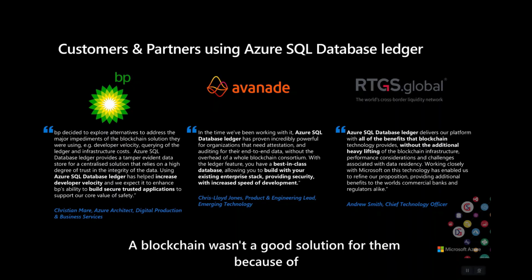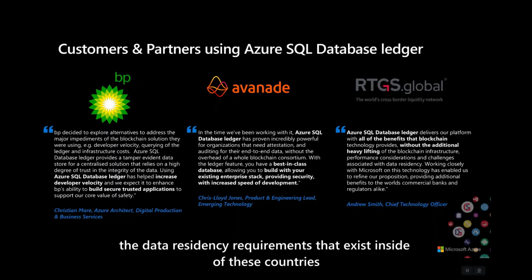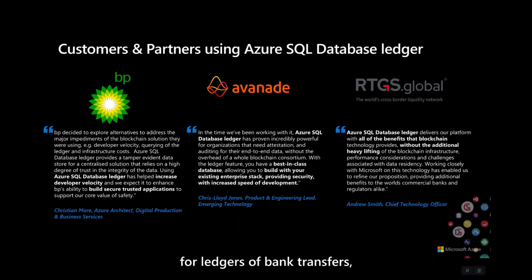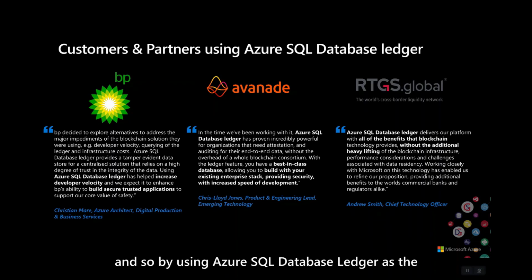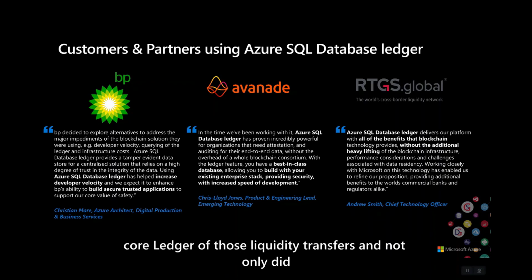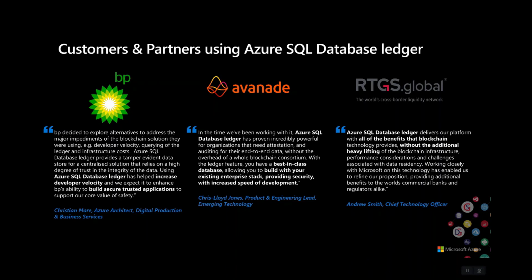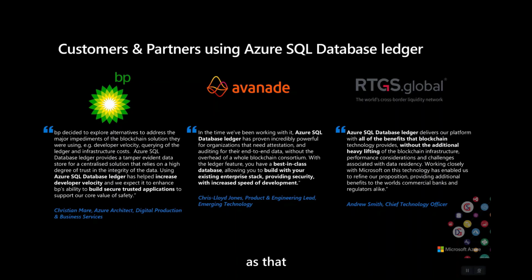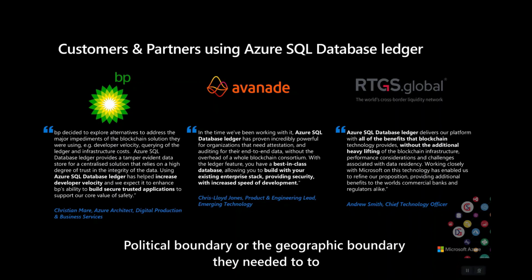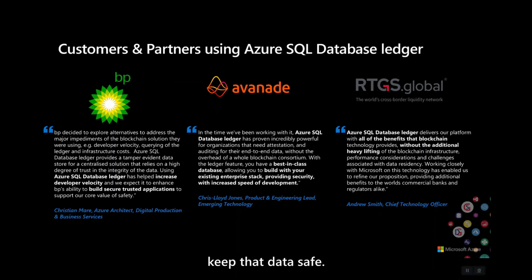A blockchain wasn't a good solution for them because of the data residency requirements that exist inside of these countries for ledgers of banking transfers. They needed a system that could be geo-fenced to particular countries or even geos. So by using Azure SQL Database Ledger as the core ledger of those liquidity transfers, not only did it eliminate the overhead of a blockchain, but gave them easy integration of the system, as well as that political or geographic boundary they needed to keep that data safe.